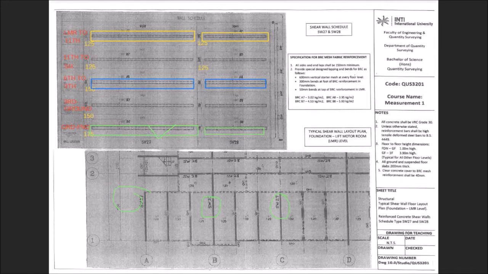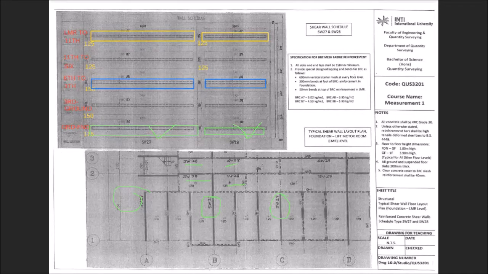Same goes with SW28. Every time you measure for 125 for this particular level, or for any particular level, you have to times it with 6 numbers of SW28. So that is the basic introduction of the items that you have to measure according to the layout plan.